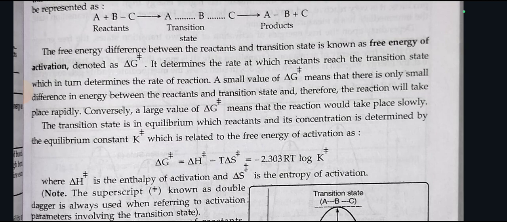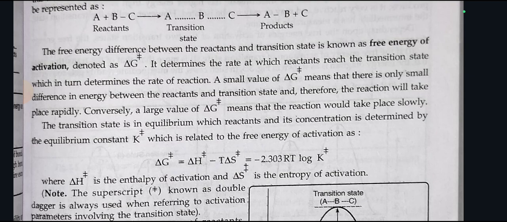It determines the rate at which reactants reach the transition state, which in turn determines the rate of reaction. A small value of delta G double dagger means that there is only a small difference in energy between the reactants and the transition state, and therefore the reaction takes place rapidly. Conversely, a large value of delta G double dagger means the reaction would take place slowly.